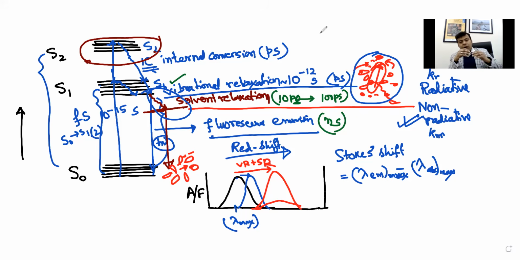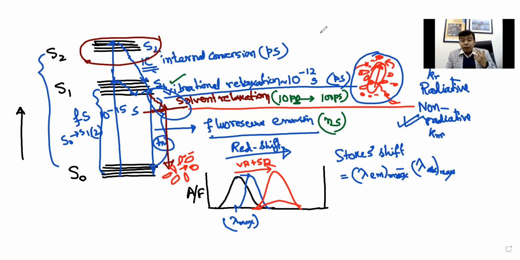So the entire thing is dependent on two things. One is the quantum chemical behavior of the fluorophore, and the other is the solvent molecules or surroundings. You can also make it broader to say the immediate vicinity of the fluorophore.